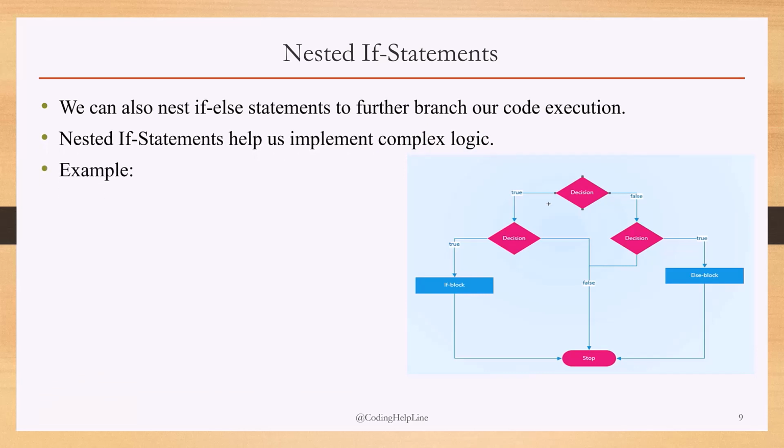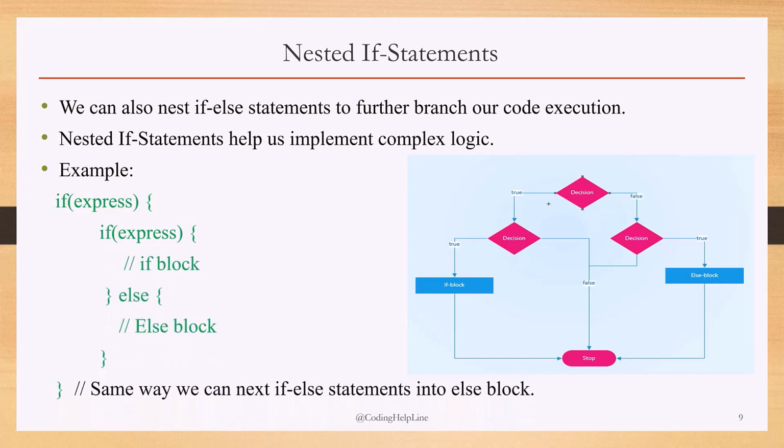These same nested if else statements we can combine with logical operators into a single if else. This is an example. Let me show you the entire syntax. Okay, so the outer if expression is evaluated. If it is true, it goes into this if block.